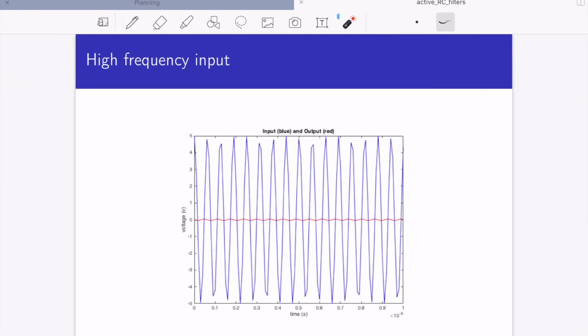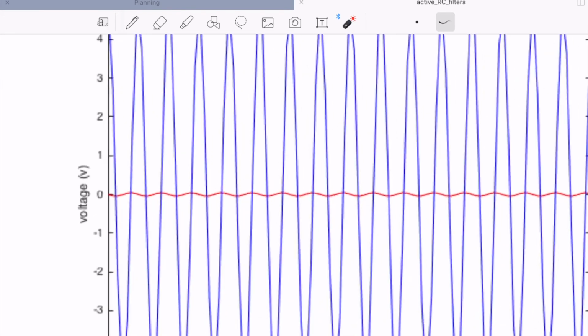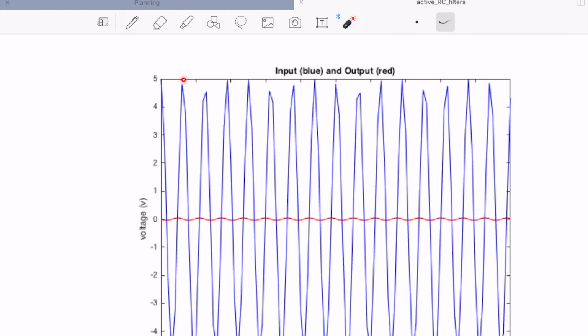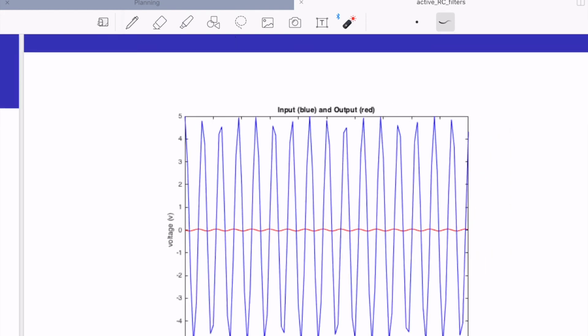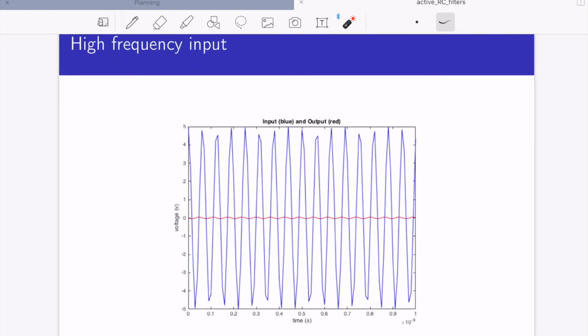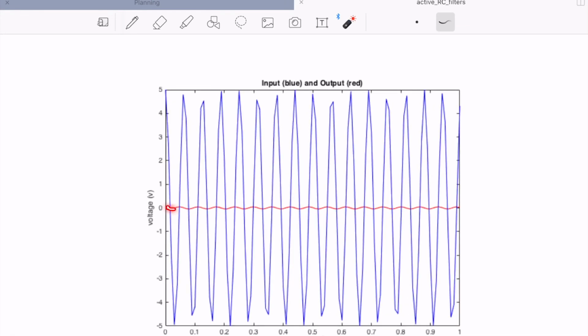We could do the same thing with a frequency higher than the pass band, and I think I put in 10 to the 10th. If you look, it's not a great looking input. It goes from -5 to 5. And the output is significantly attenuated, right? It's very, very small.